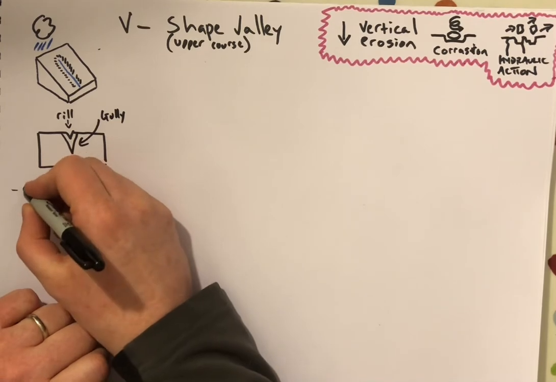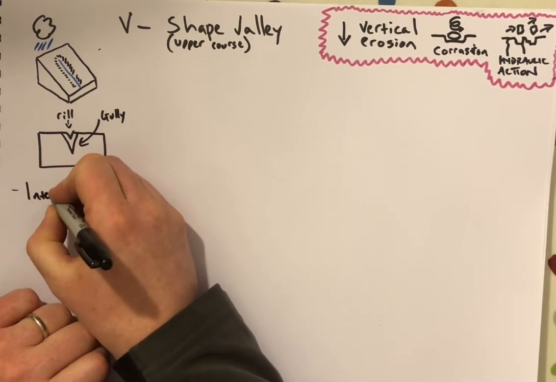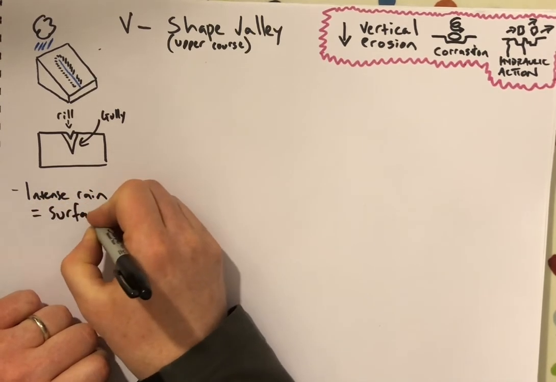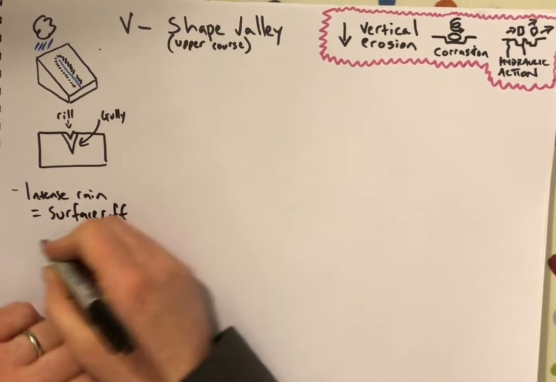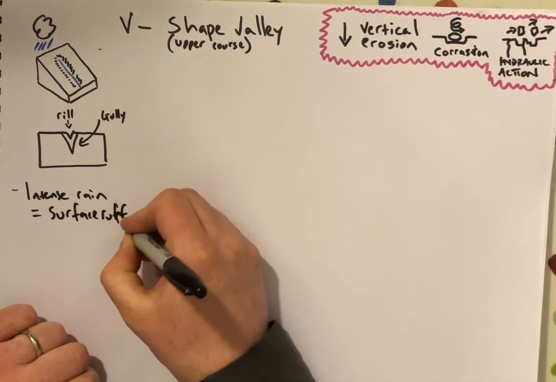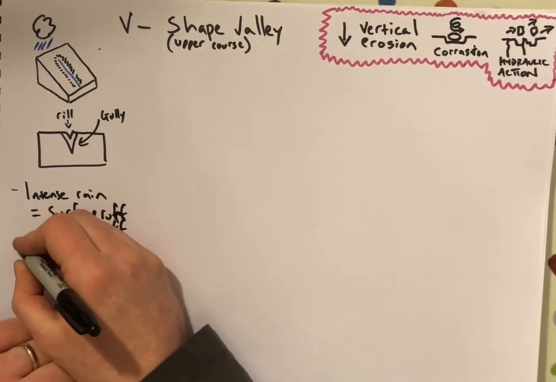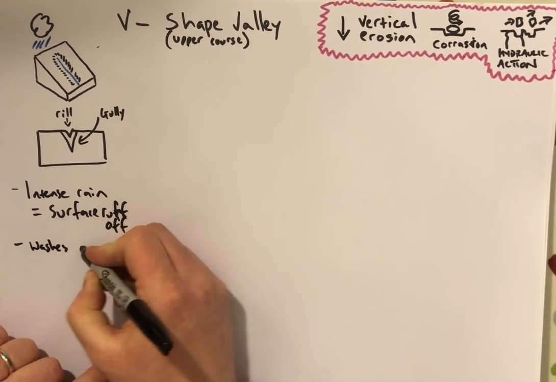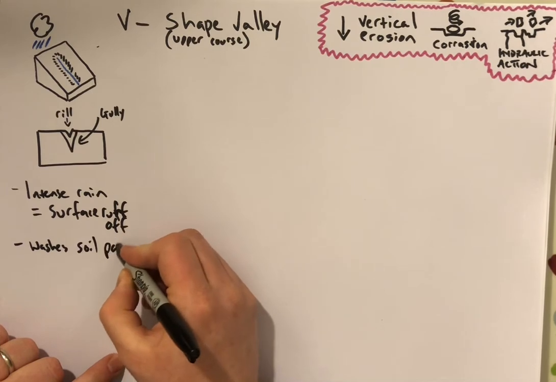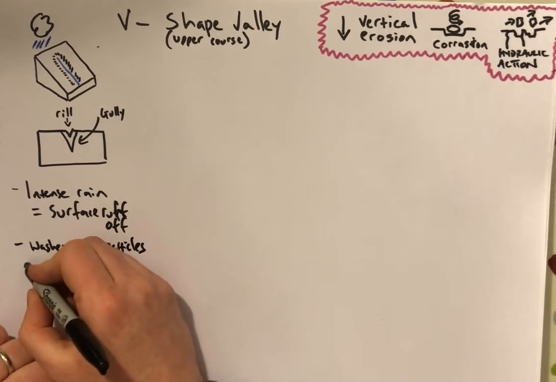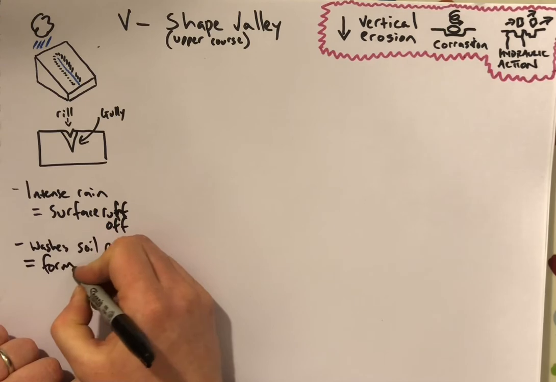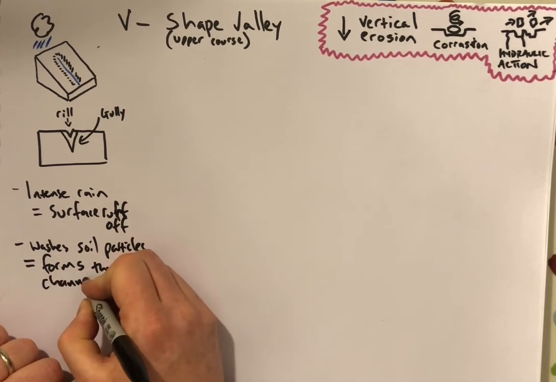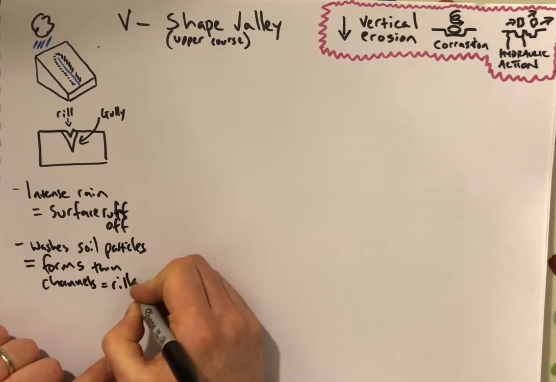So we have intense rain equals surface runoff. What this does is this washes soil particles, which forms thin channels, which are called rills.